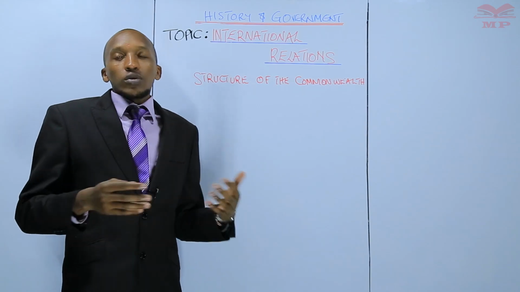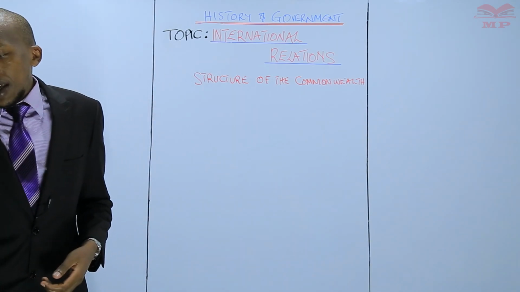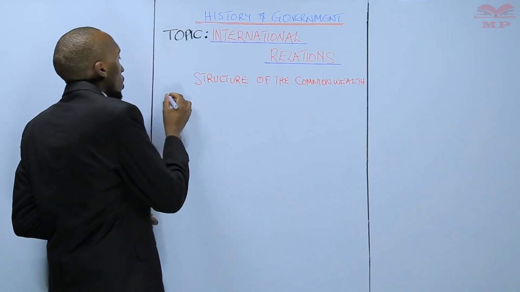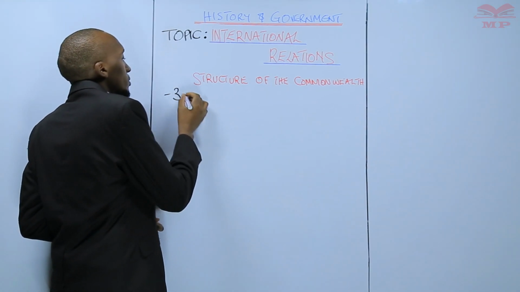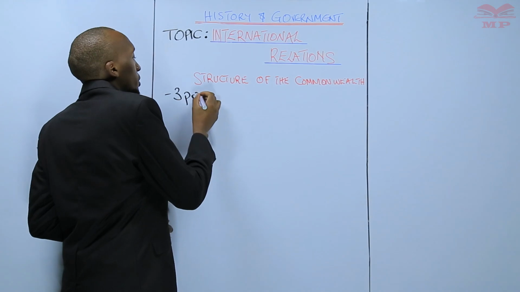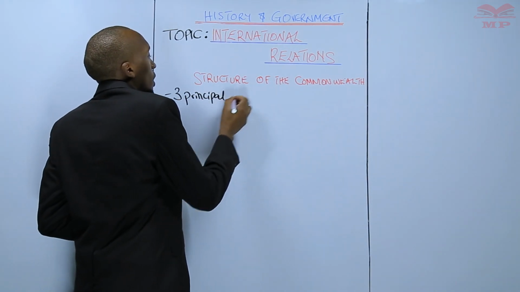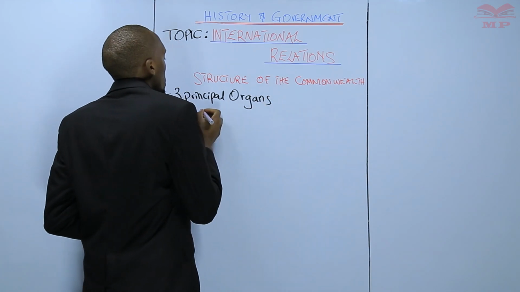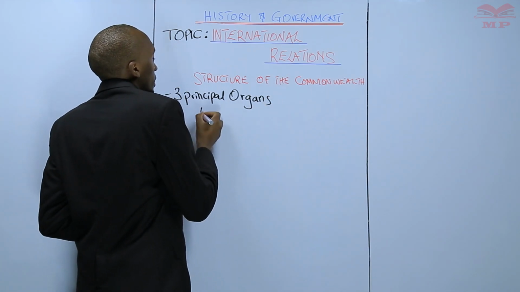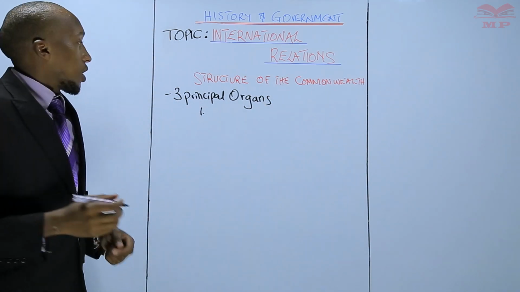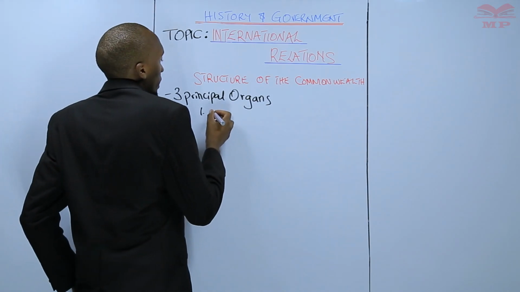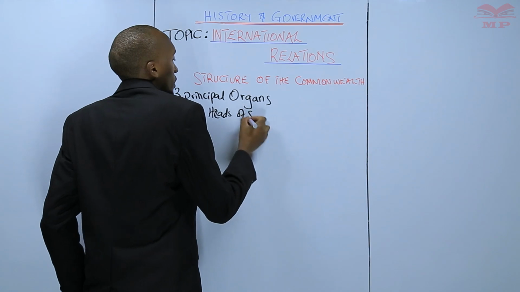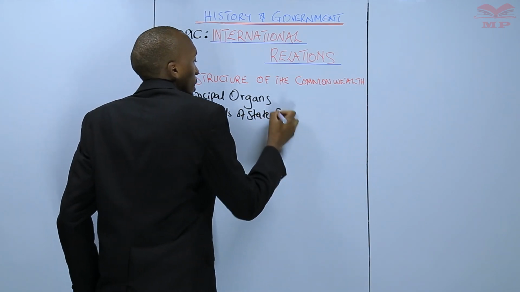So, to start us off, the Commonwealth has three principal organs. Number one, it is the heads of state summit.